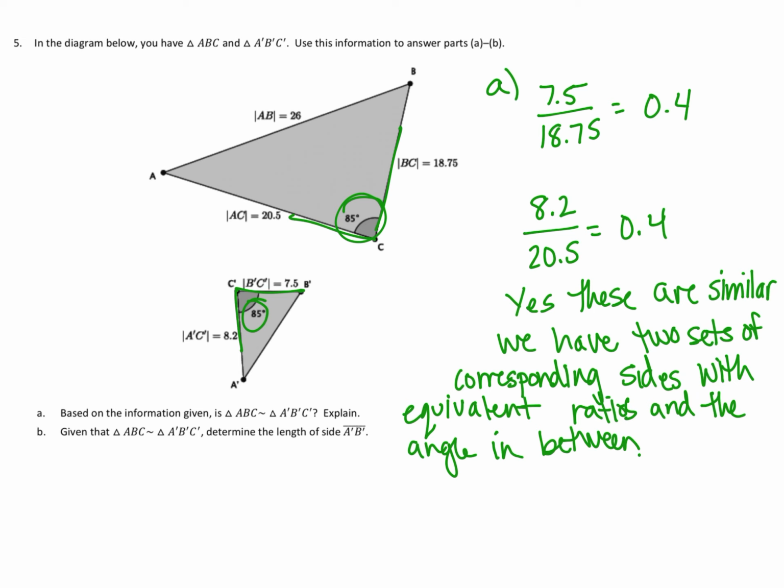B, given that they are similar, determine the side length of A'B'. Using one of those scale factors or ratios, doesn't matter which one, you can set up an equivalent fraction and find the missing piece.